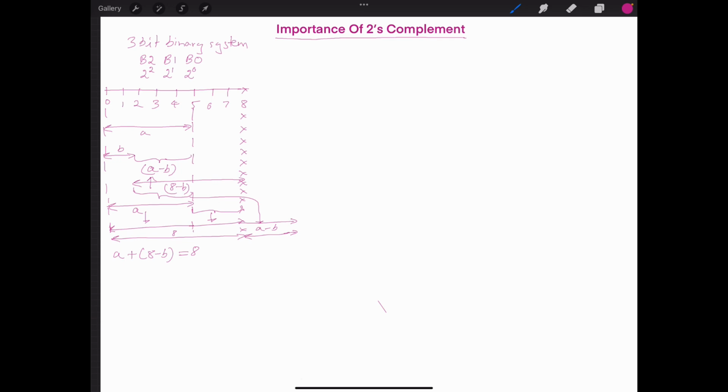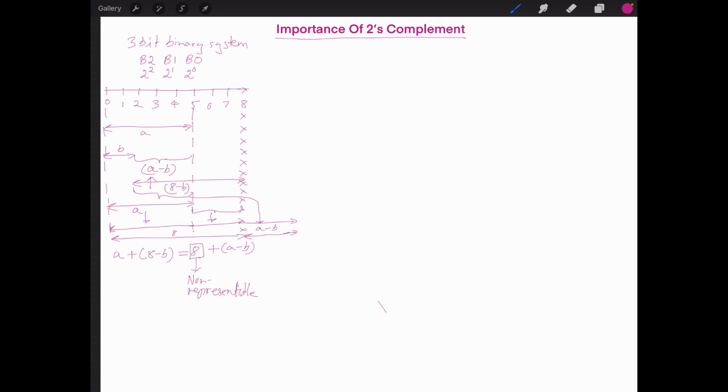So A plus 8 minus B results in 8 plus A minus B. Now lies the importance of 8. Since 8 is not representable using the 3 bits of binary that we have, this 8 in the result is non-representable, which means it is something that we can ignore.